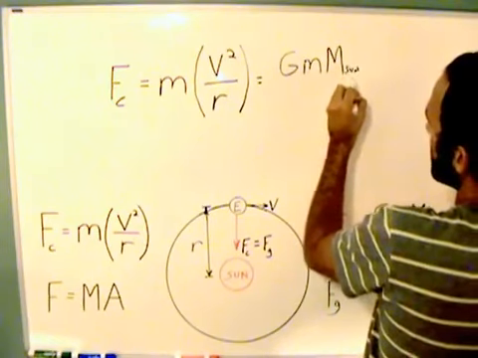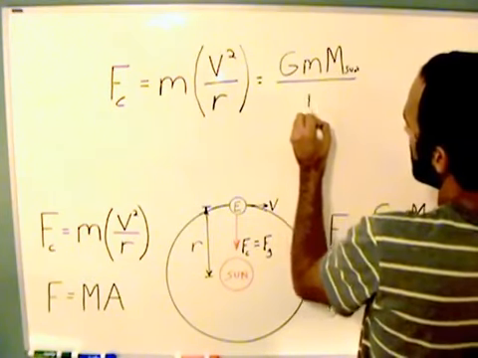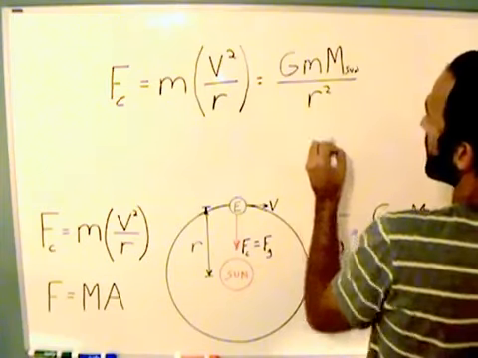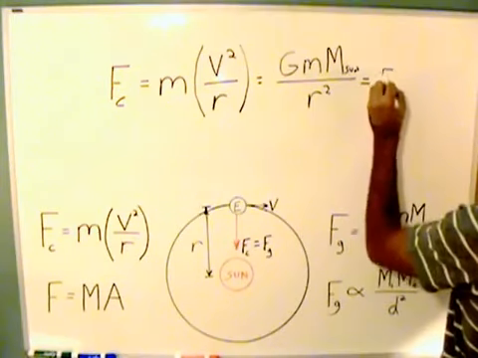I'll write M Sun here to clarify that, times the distance that object is from the Sun squared, and that's equal to the force of gravity.